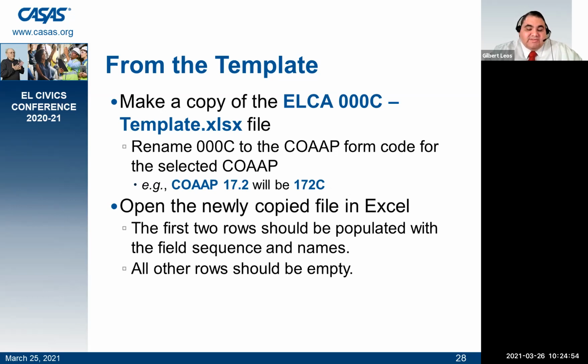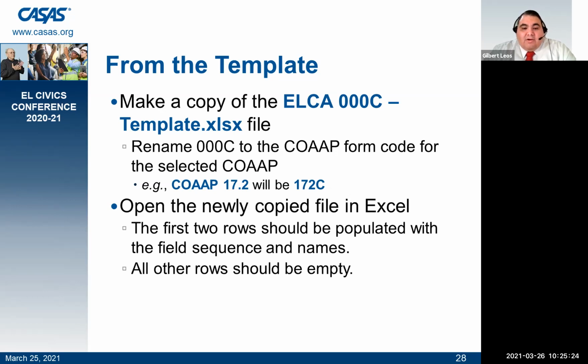So for example, if you selected COAP 17.2, just rename that to 172C. That's just so that you can distinguish, assuming you have more than one COAP that you're working with, between those COAP data for those particular areas. So make sure that you have that separated and done that way. It will be much easier in terms of file organization and just accessing your data when you need to.